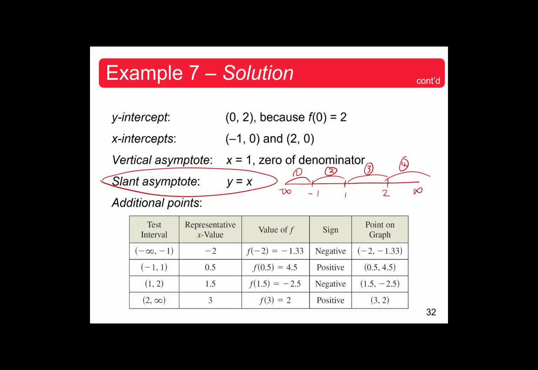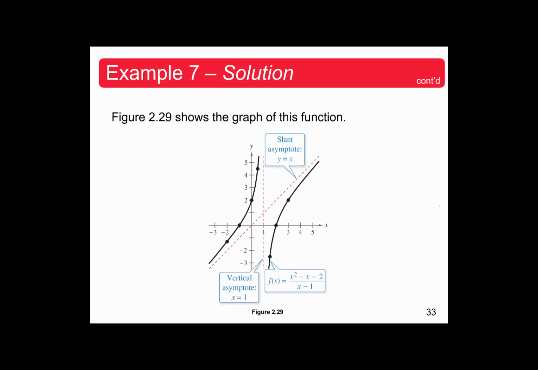Eventually you generate some additional points from each interval, maybe 1 or 2 additional points, depending on the need, and you'll be able to sketch it. When you sketch the graph within each interval, you get this particular graph of the rational function.